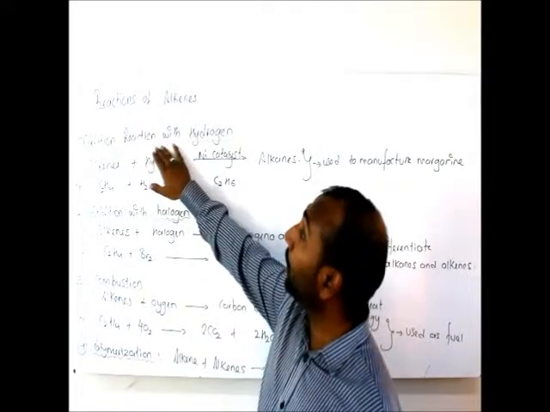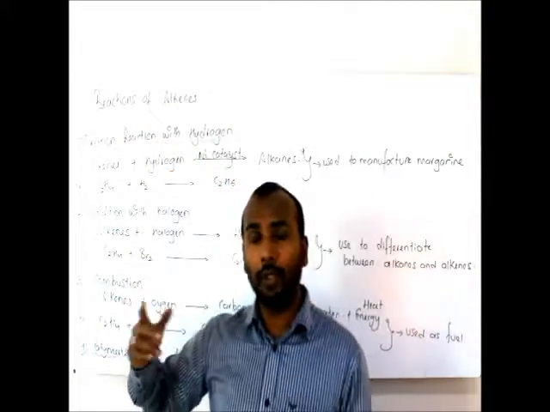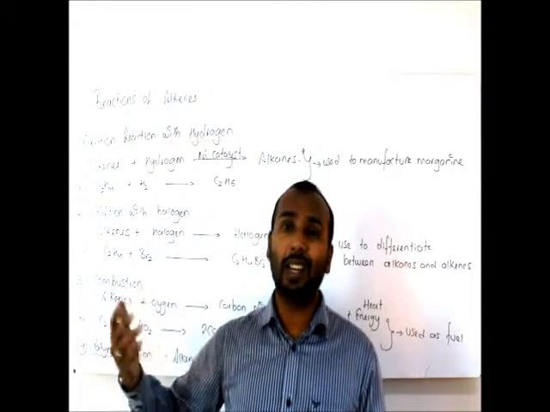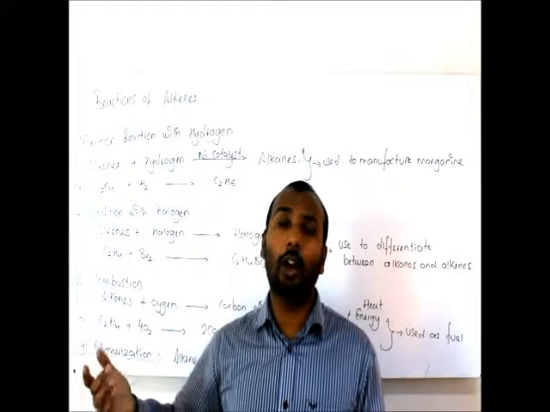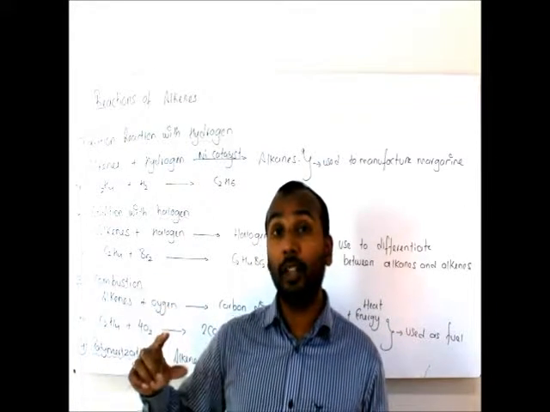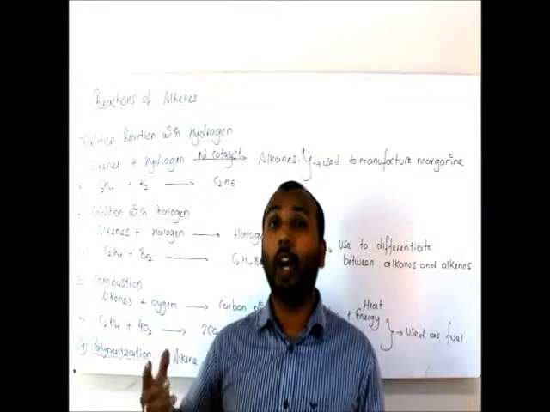In the first one, we're going to look at reactions of alkenes with hydrogen. As you already know, the difference between alkenes and alkanes is that alkenes have less hydrogen than alkanes. Alkanes are saturated, whereas alkenes are unsaturated. But if you take an alkene and across the double bond you add hydrogen, it will end up becoming an alkane.